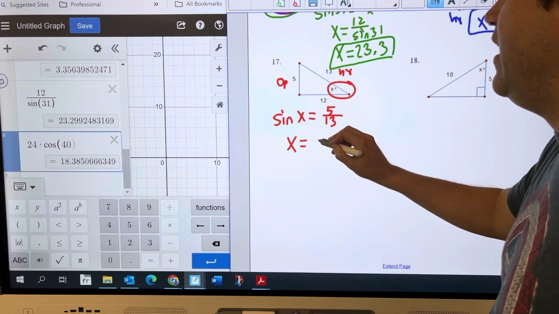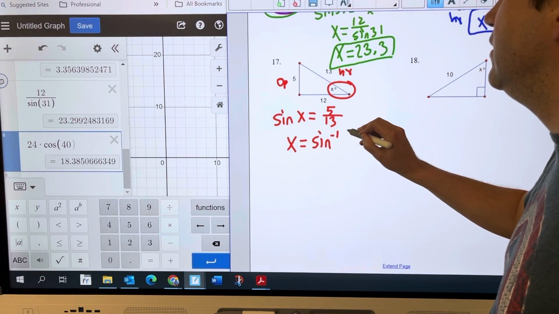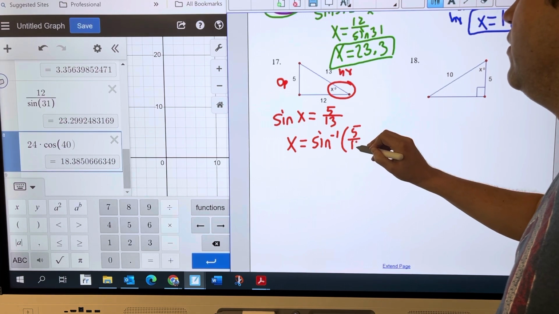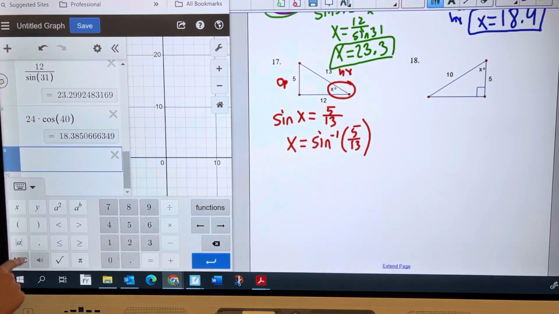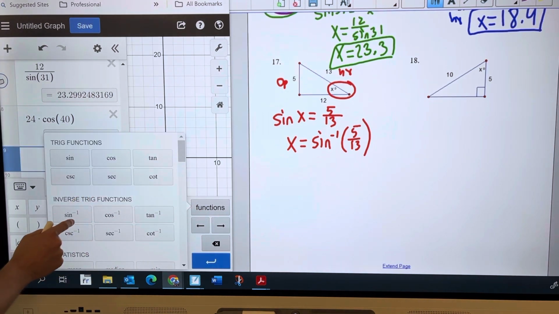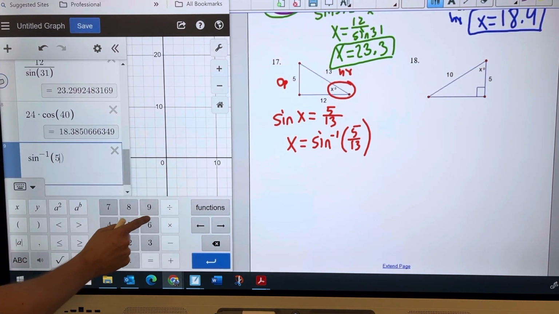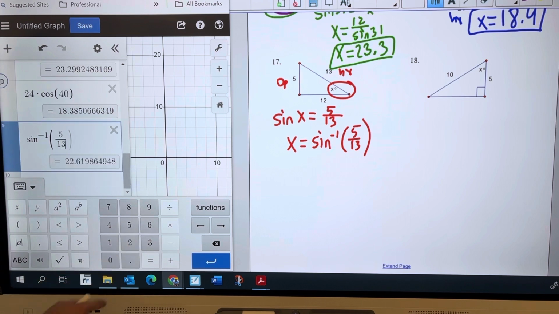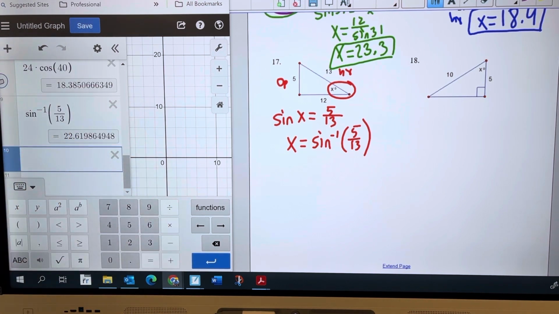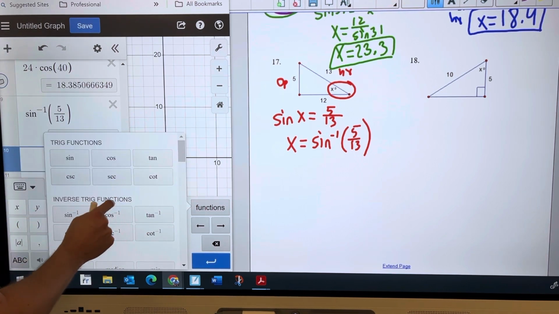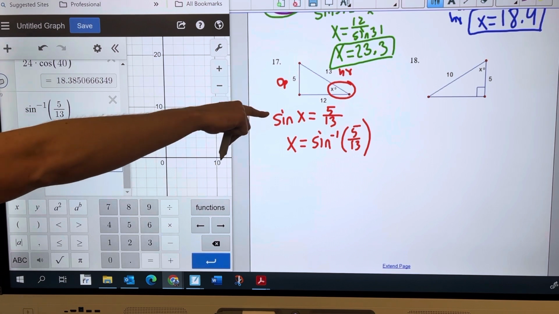Since I'm trying to find the angle, I'm going to use the inverse. 5 over 13. We're going to go sine inverse of 5 over 13. And that's 22.619. If I used cosine, then I would have had cosine inverse of adjacent over hypotenuse.